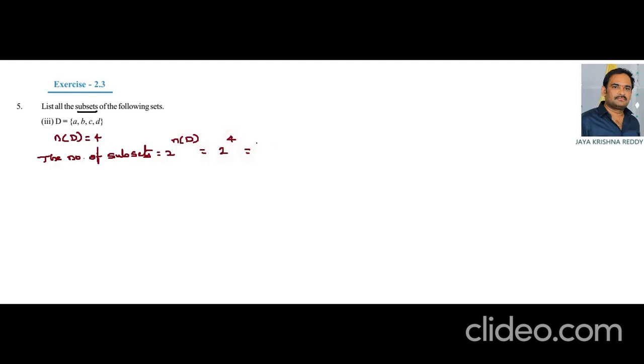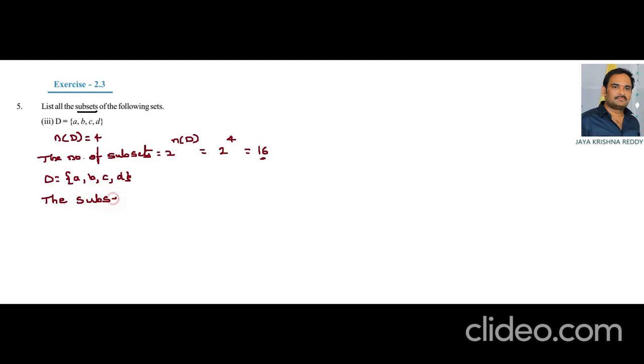That means 2 power 4 means we write 2 four times and multiply 2 into 2 into 2 into 2. So it will be 16. Means the given set D with the elements A, B, C, D has 16 subsets.